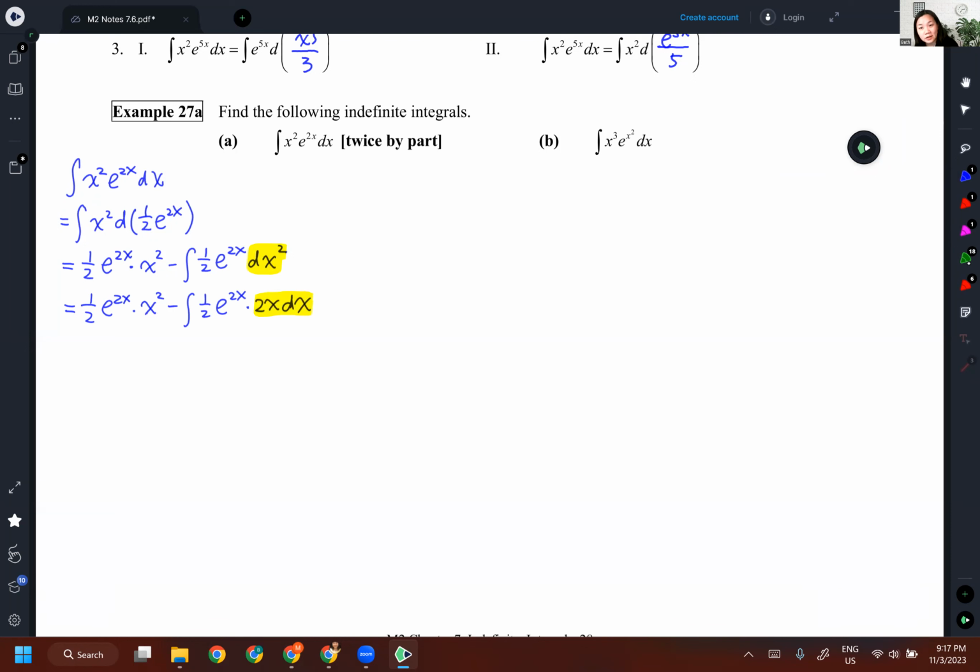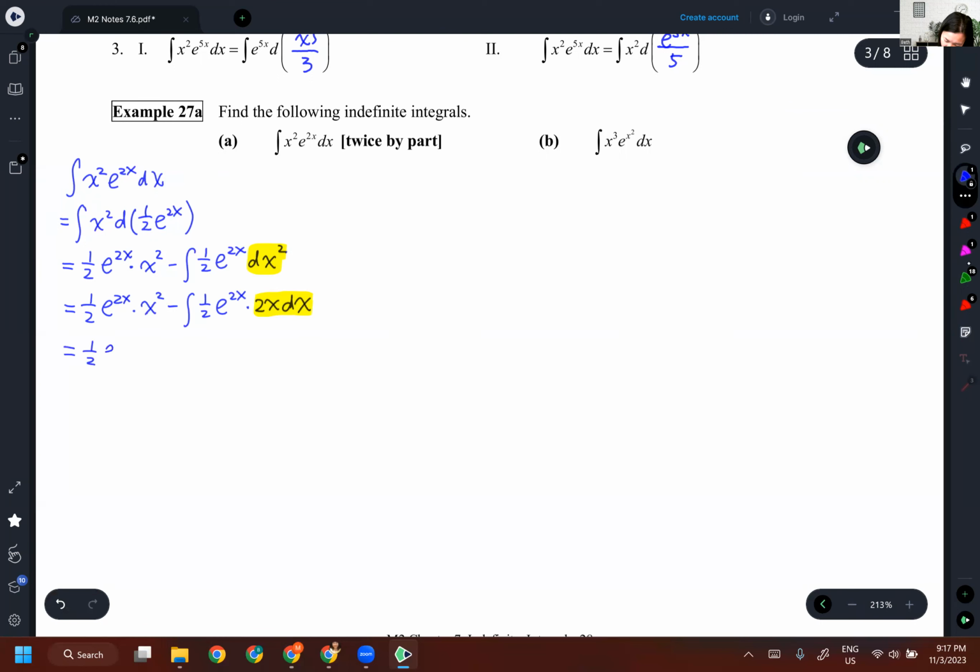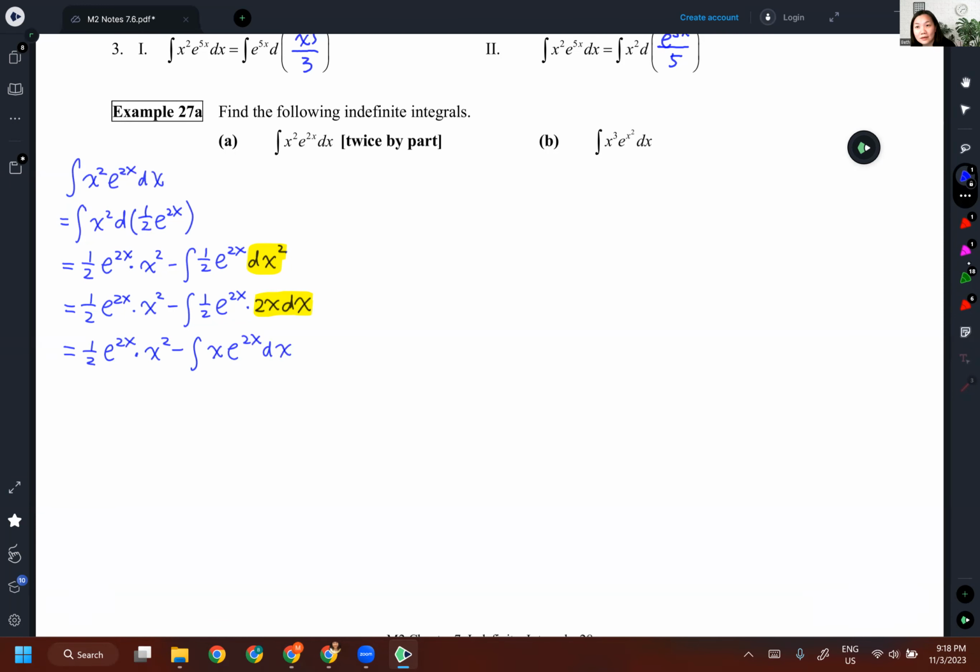There is a simplification there, a substitution. And then to further simplify, there is x e to x dx. Okay, so it's a little bit simplified.